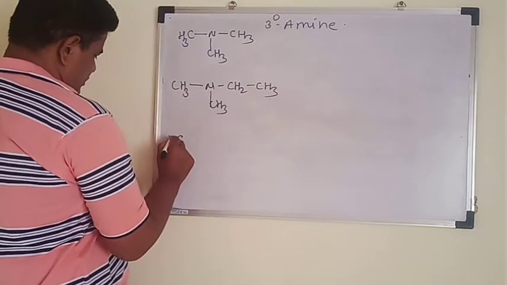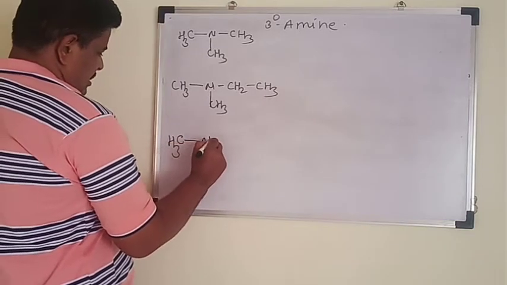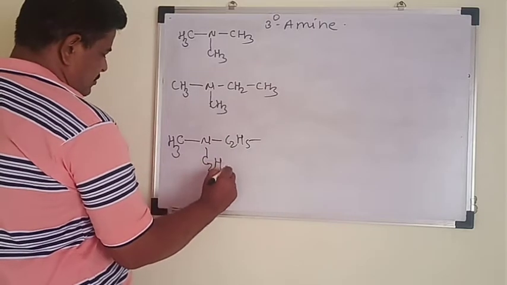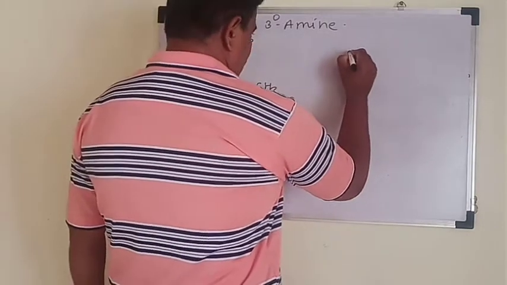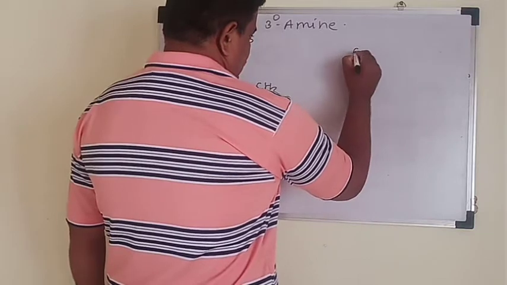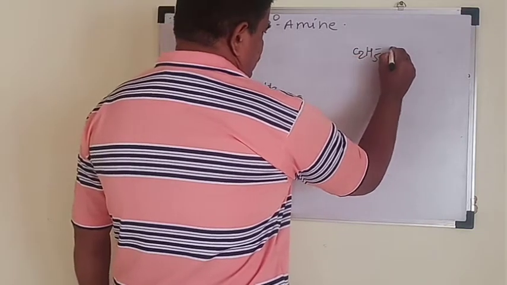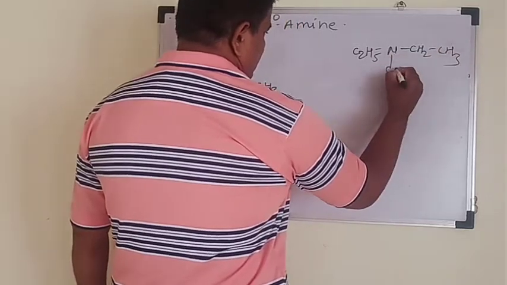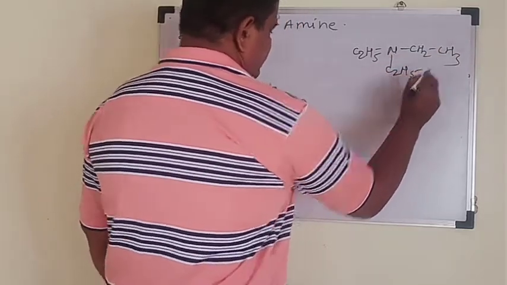Another example is CH3, N, C2H5, C2H5, then C2H5, N, C2H5 and C2H5.